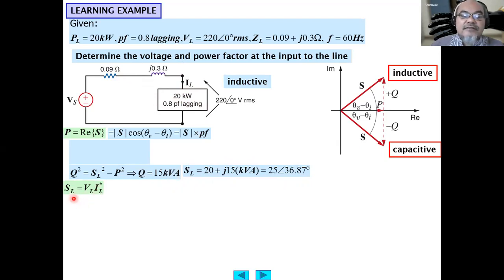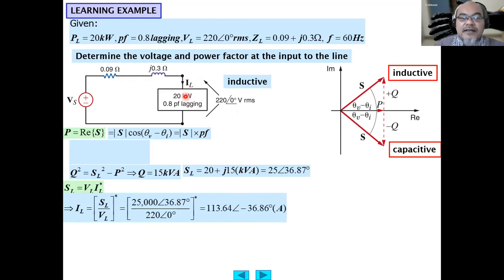The SL, the complex power, will equal the VL, the voltage at the load, here 220 at 0 degree RMS, multiplied by the conjugate of IL here. And IL will then equal the conjugate of SL divided by VL.